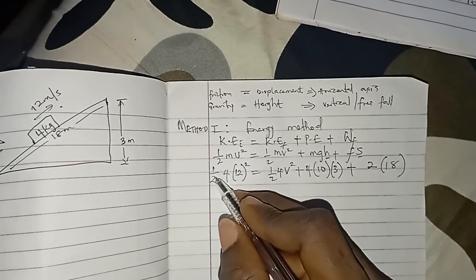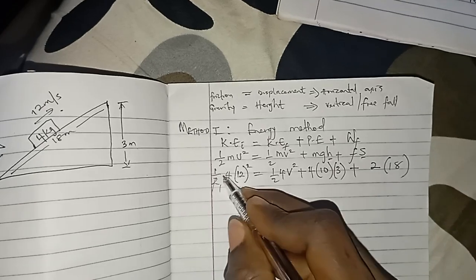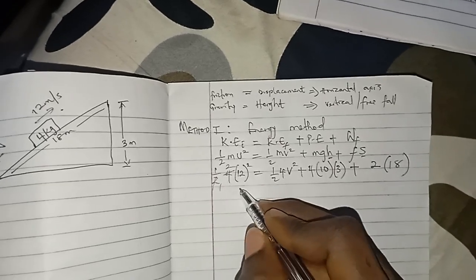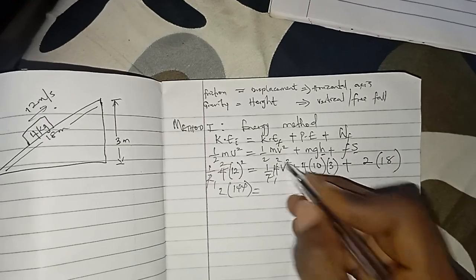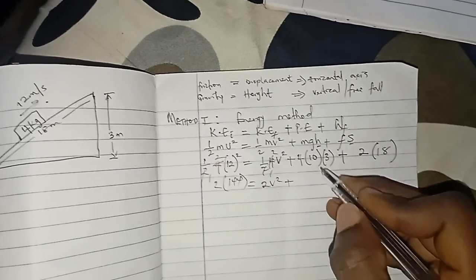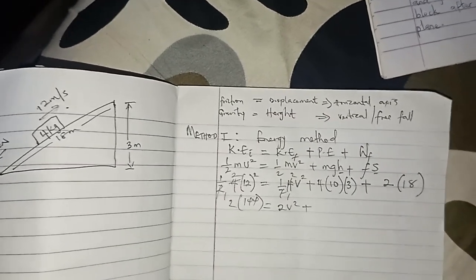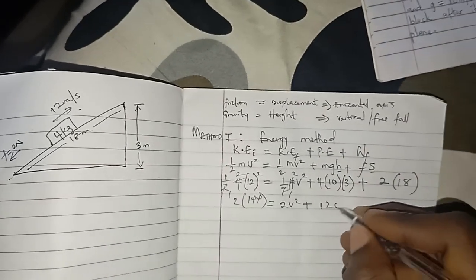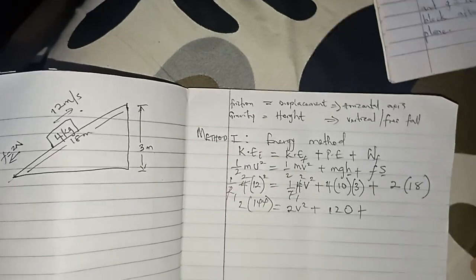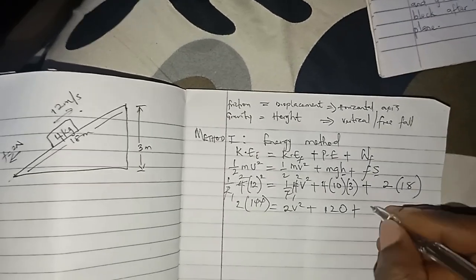So this is going to be, 2 here 1, 2 here 2. This is 144 times 2, equals 2v squared plus 4 times 10 times 3, which is 120, plus, is this not 36? 36.